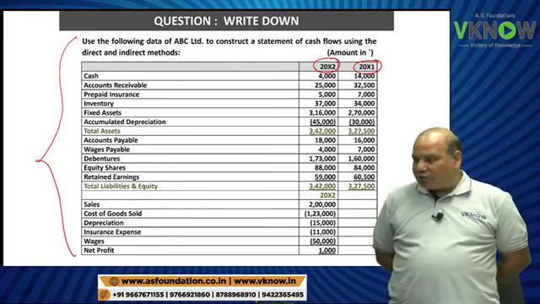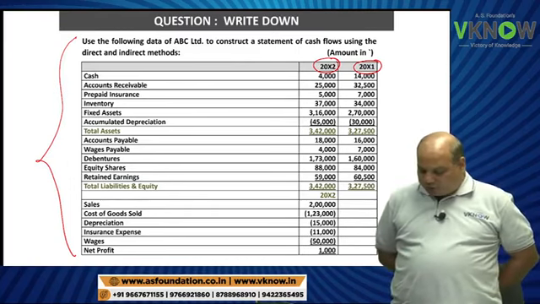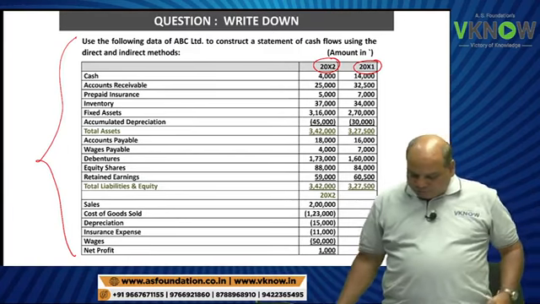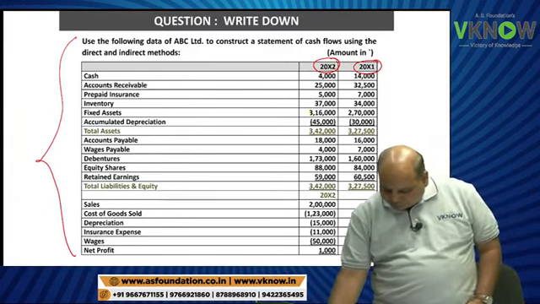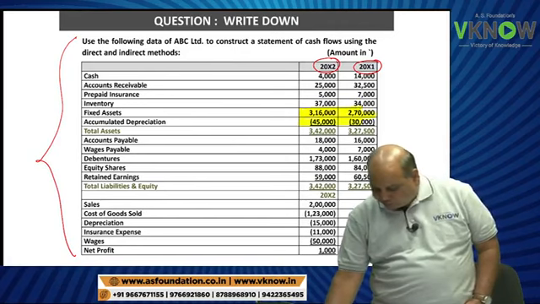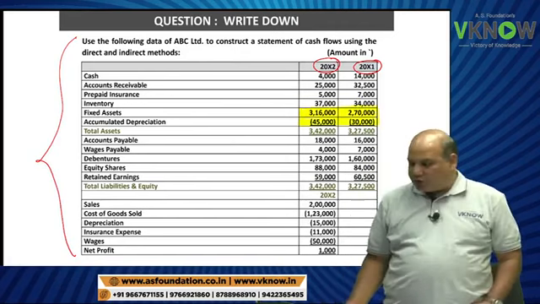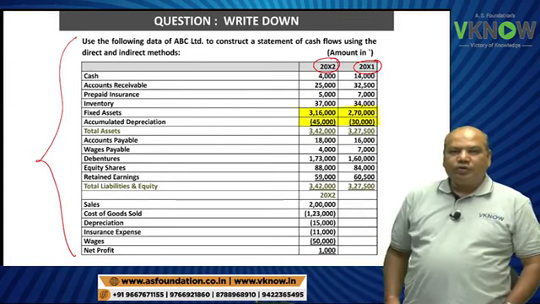Accumulated depreciation: these two are related, okay? Accumulated depreciation 45,000; 30,000.